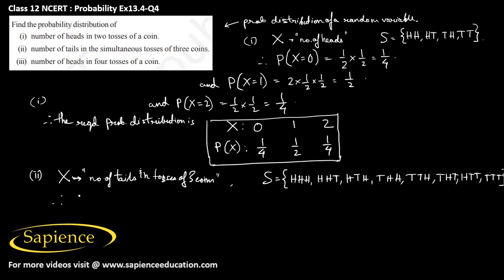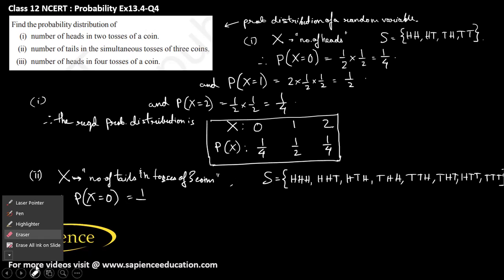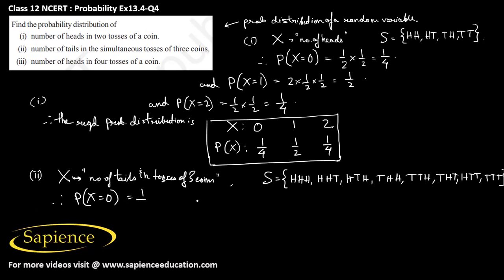So we need to find P of x equal to 0. It means we should not get any tail, so all three are heads. In the first toss we should get head, in the second toss also head, and the third toss also head.